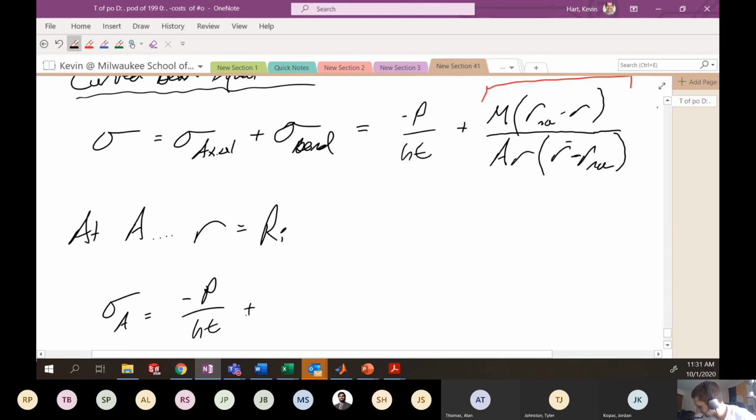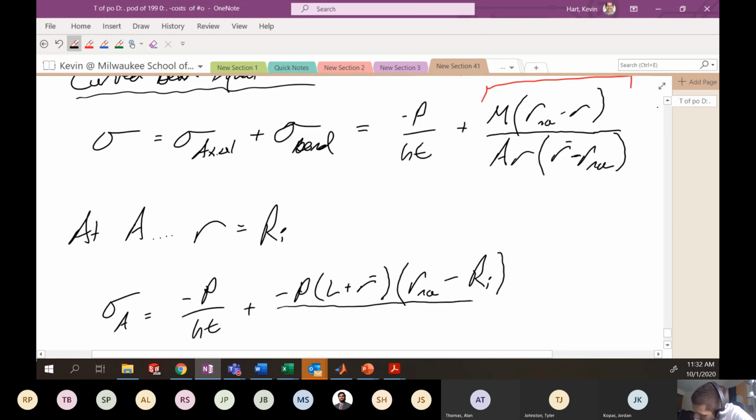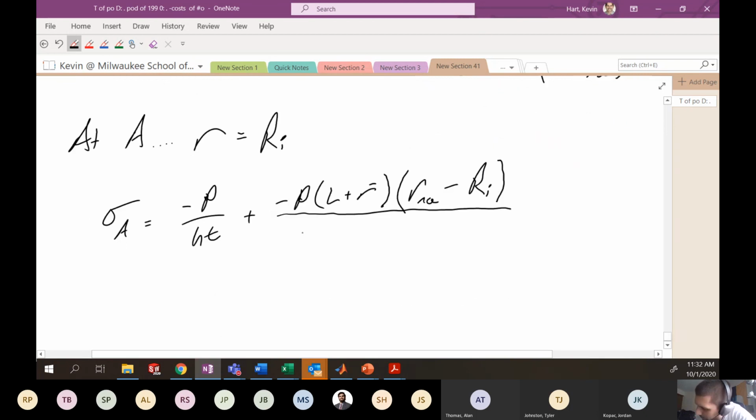I'm going to add to this my bending moment, which I know is negative P times (L plus R bar), multiplied by (RNA minus the location of point A, which is capital Ri), all divided by the area of the cross section, which is H times T, multiplied by my location of point A, which is Ri, multiplied by (R bar minus RNA).